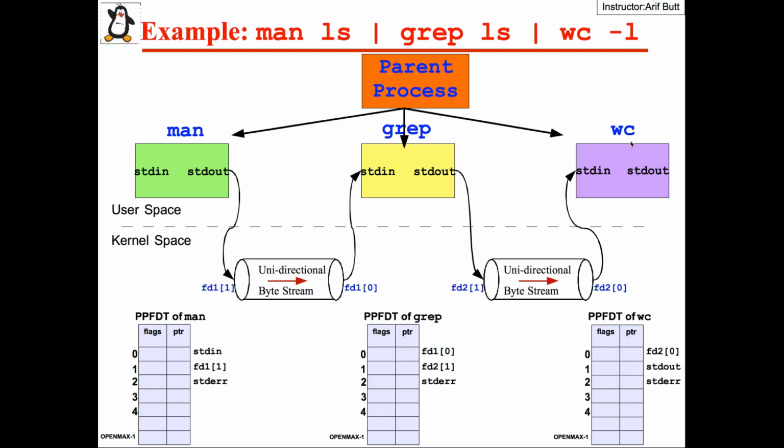Finally, the wc program, we just need to do the input redirection. That is descriptor 0 will be pointing to FD2 sub 0, that is the read end of pipe 2. Once all these programs are executing, the parent process must wait for these programs, and finally the parent process will exit. I hope this makes sense.